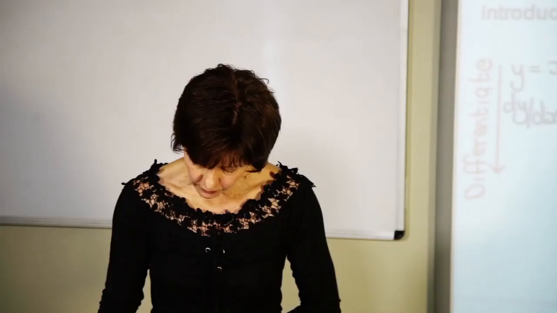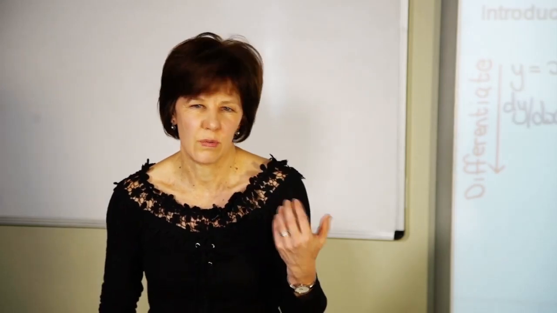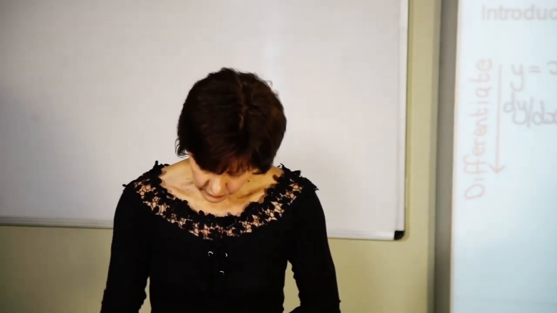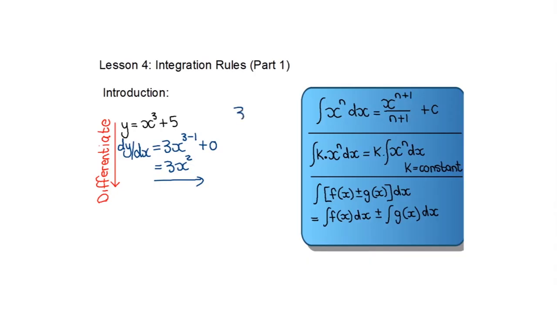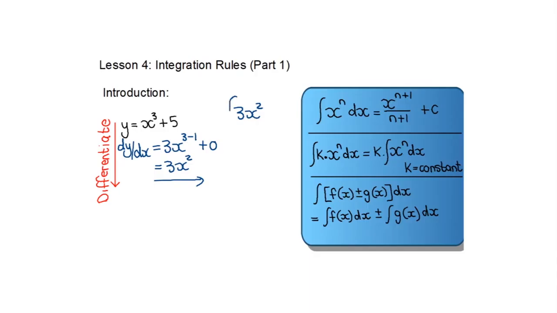So 3x squared was the answer of differentiation, and I want to know what I started off with. In order to do this, I'm going to integrate. The sign for integration is this sign, and the differentiation was with respect to x, so the integration is also going to be with respect to x.